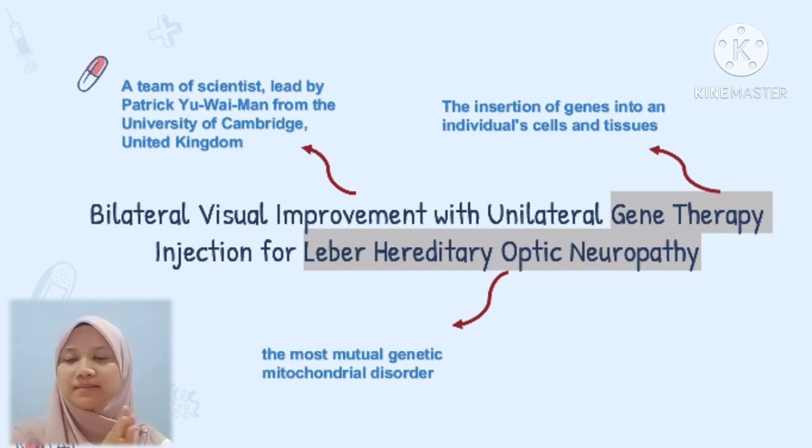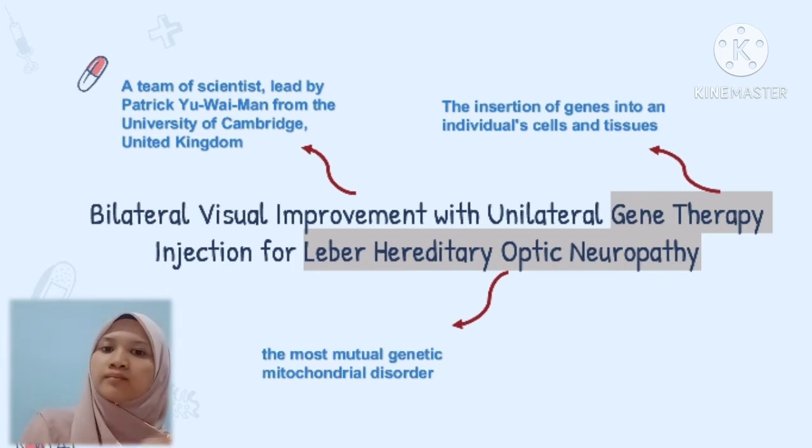Okay, in December 2020, there was a current research entitled Bilateral Visual Improvement with Unilateral Gene Therapy Injection for Leber hereditary optic neuropathy. This research was conducted by a team of scientists led by Patrick Yu Wilson from the University of Cambridge.